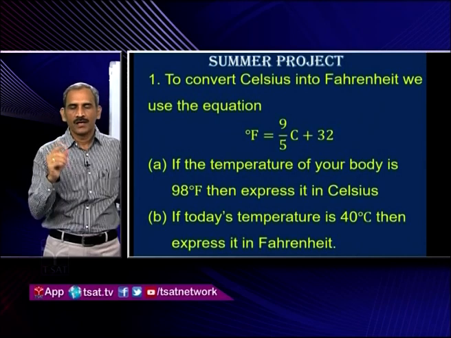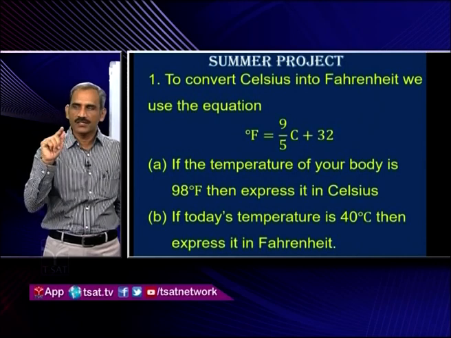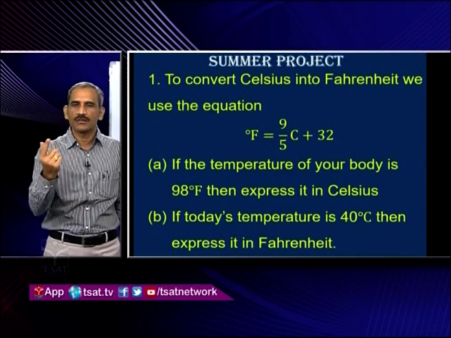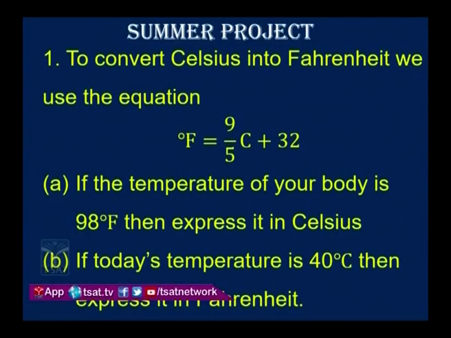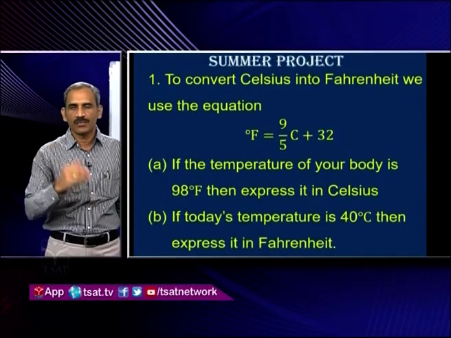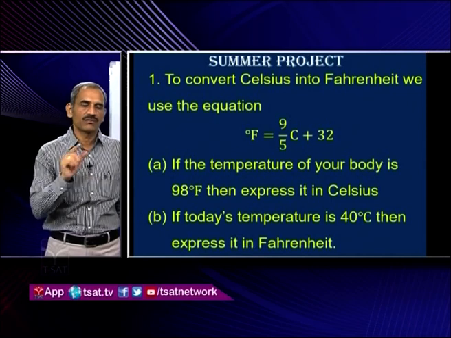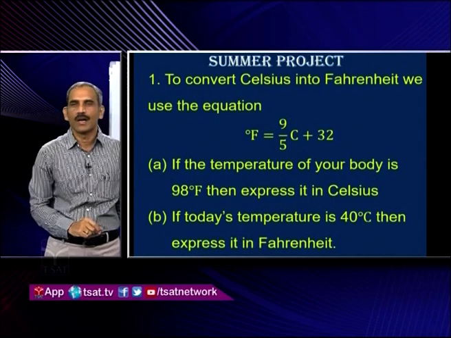One: if the temperature of your body is 98 degree Fahrenheit, express it in terms of Celsius. The other: today we already entered into hot summer, so if the temperature is 40 degree centigrade, express it in terms of Fahrenheit using the above relation.